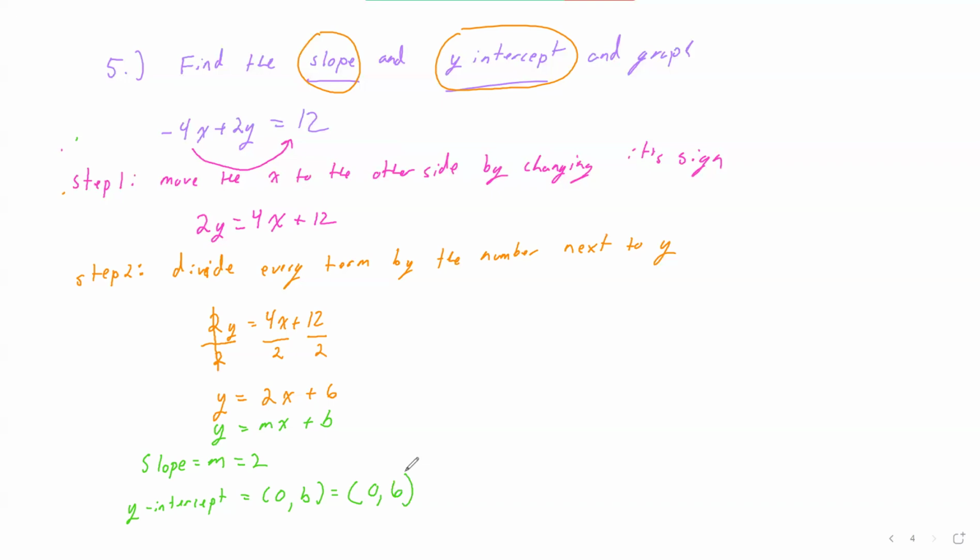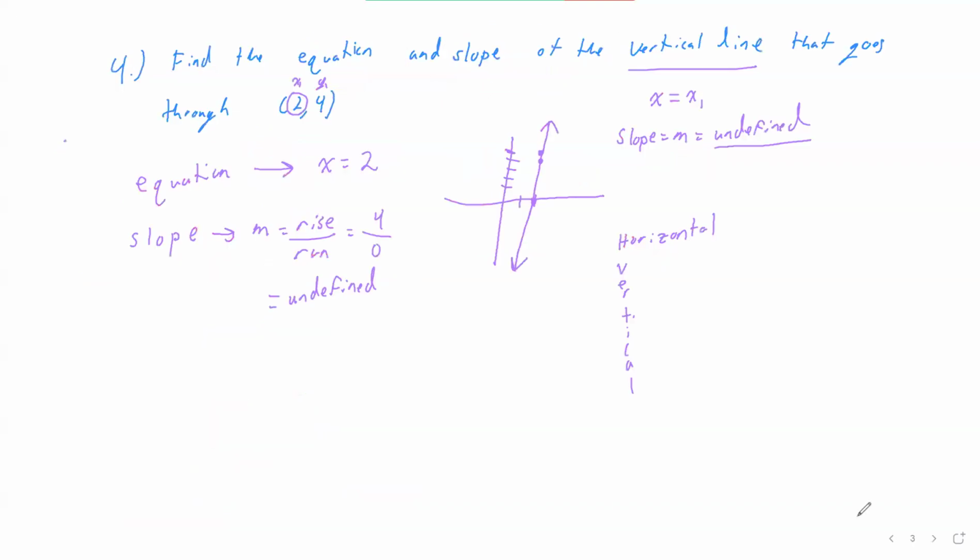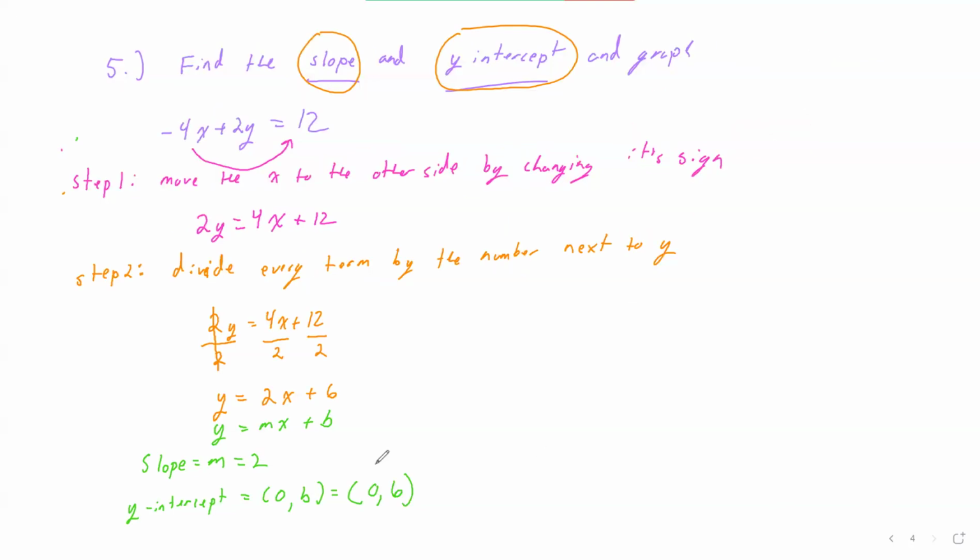A lot of times we'll just say y-intercept is 6 and move on. A coordinate is an x and y point. So a coordinate point, that helps you graph. So my coordinate is 0, comma 6, because that's going to help us with this last part.